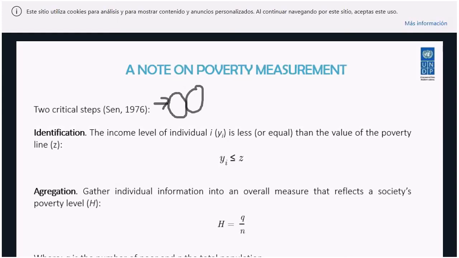And how are those foods selected to be part of that basket? That is where the issue of determining the value of a poverty line gets complex.